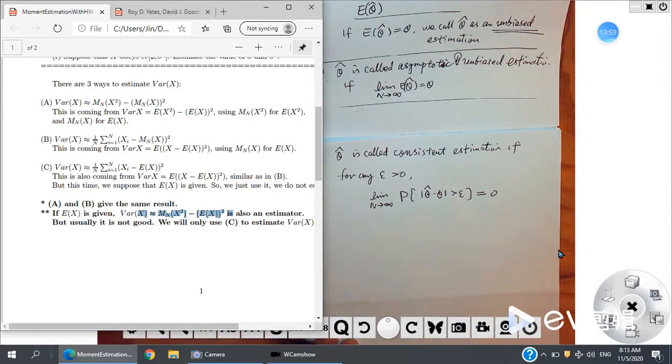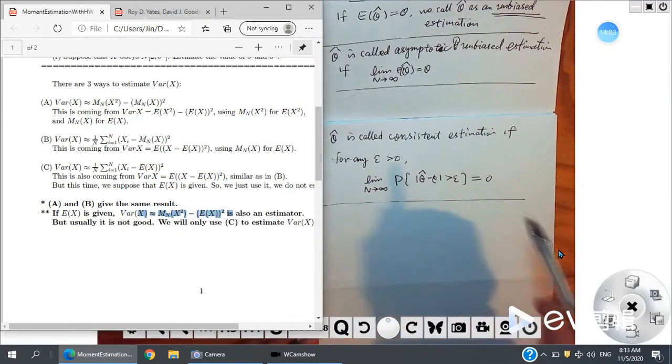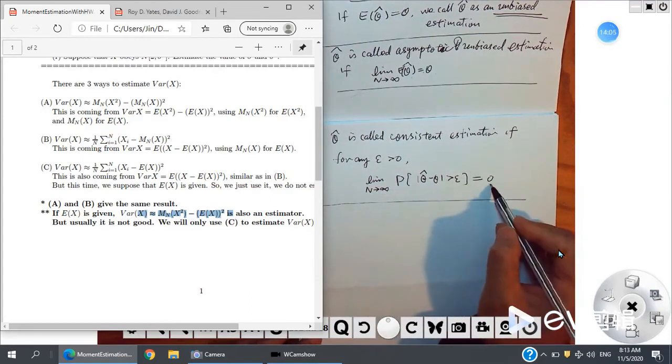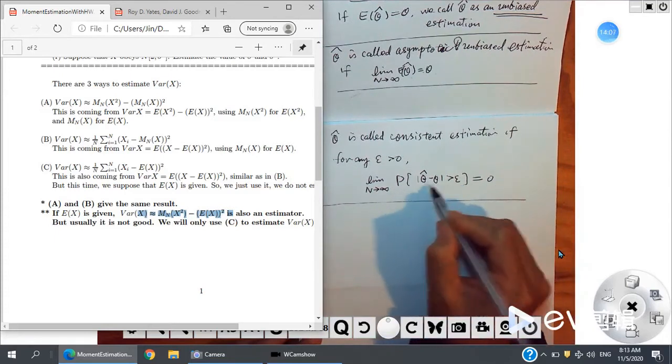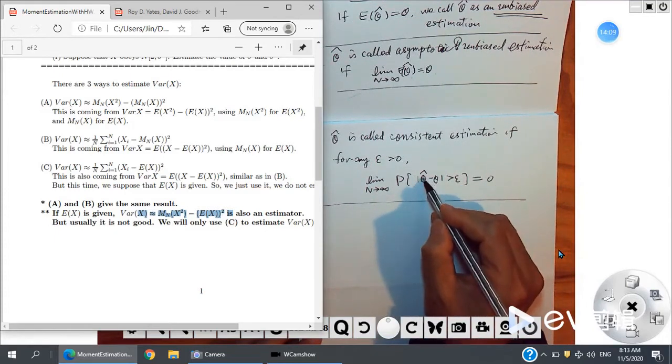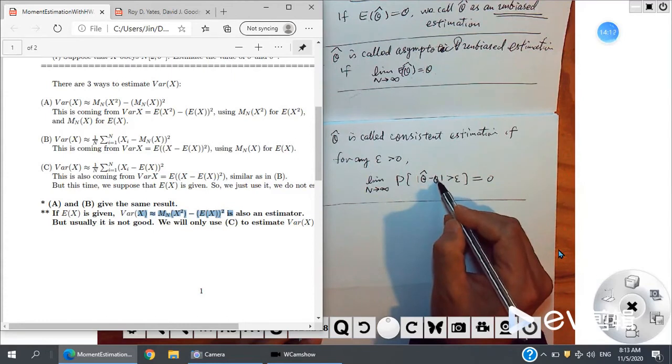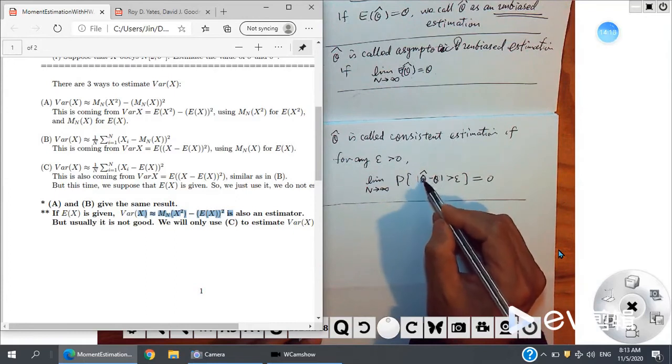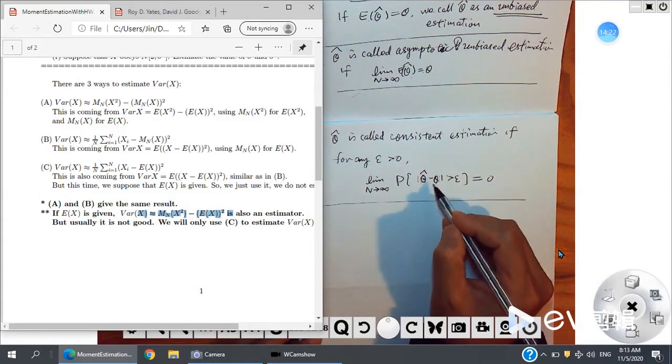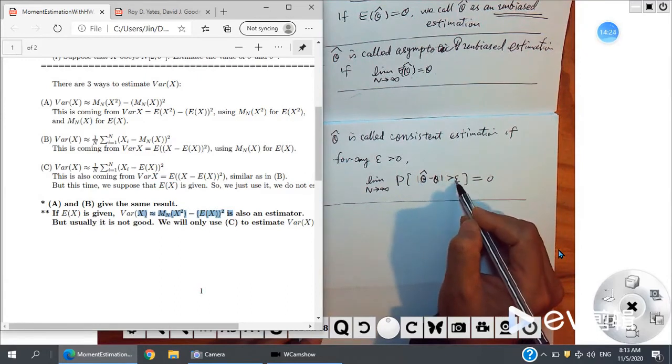Okay, so what is the meaning? This statement seems long. Okay, so we look at this limit. The inside is a probability of theta hat minus theta. That is the difference between these values, right? Theta is a number you want to estimate, and you use theta hat to estimate it. Of course, you have error. The error larger than epsilon, this is the event.